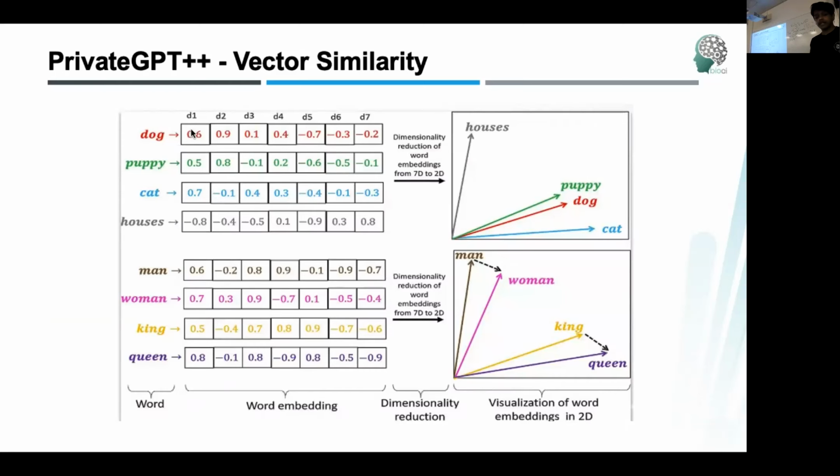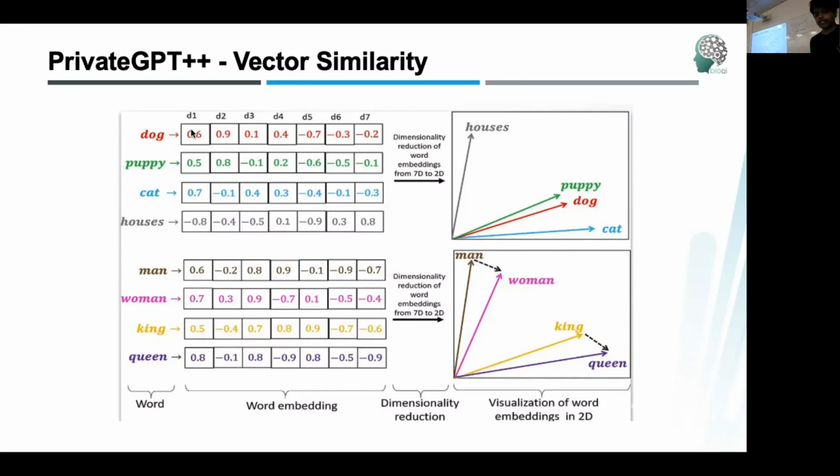You can see over here that these word embeddings are in 7D, since there are 7 attributes. We can reduce the dimensions to 2D, and we can see on the graph that a puppy is very close to a dog, and that is close to a cat because they're both four-legged and so on. These are attributes that they have. But houses are completely different, and therefore they're separate on the graph.